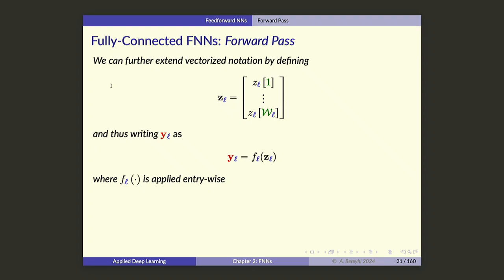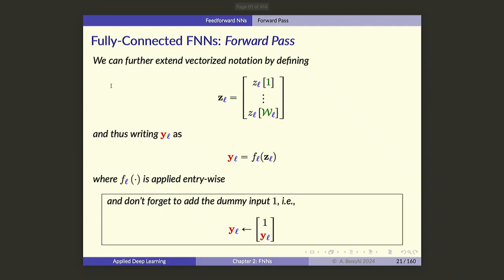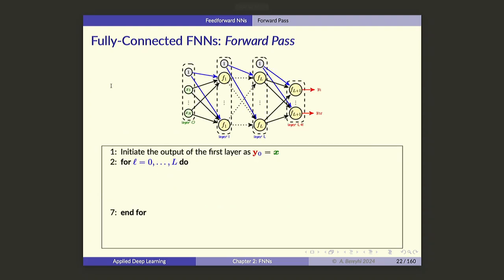OK, so the next thing that I'm going to do after activating, I have the output of the neurons. I put one dummy input at the top of that. And then again, I repeat this. So every single neuron in the next layer has its own vector of weights. I just multiply this with that vector. And then I'm going to have the next set of outputs. Again, one dummy 1. And I keep on going, right? Clear? Cool. So this is how it looks like.